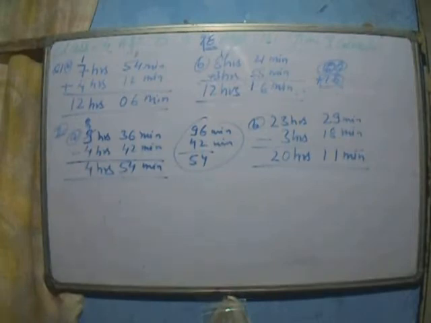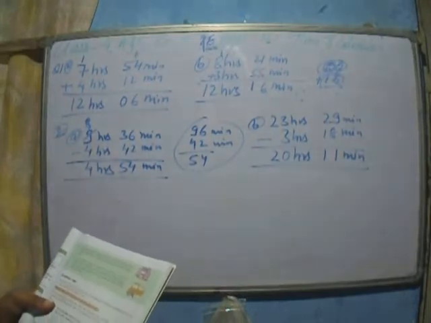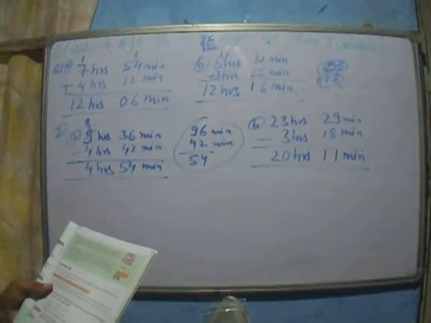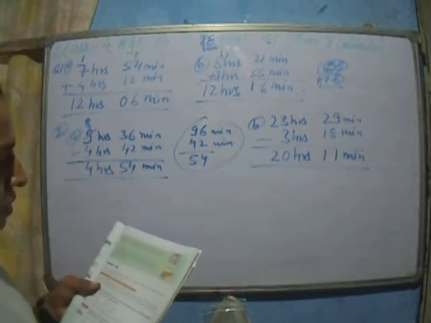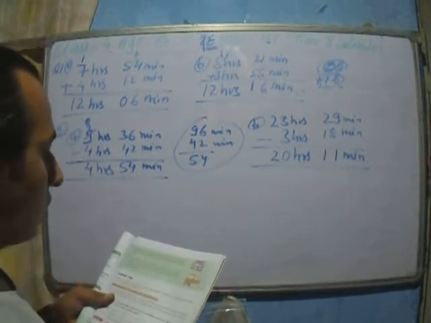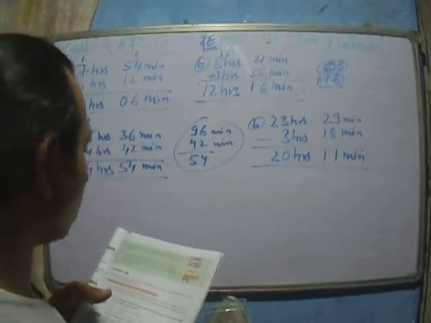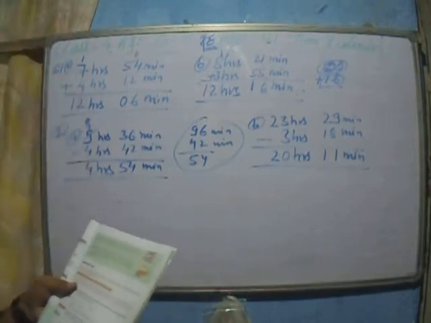Now we are moving towards question number 3. It says Mukesh takes 45 minutes to walk to the school and 35 minutes to reach home from the school by bus. How long do the two journeys take?